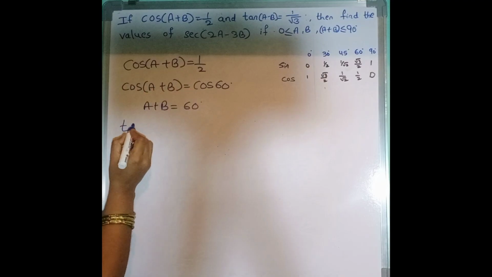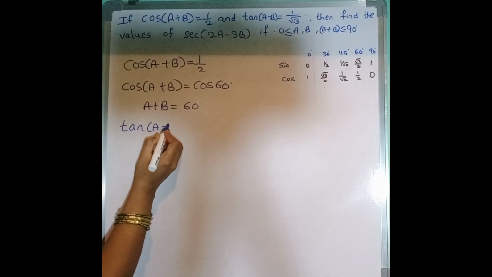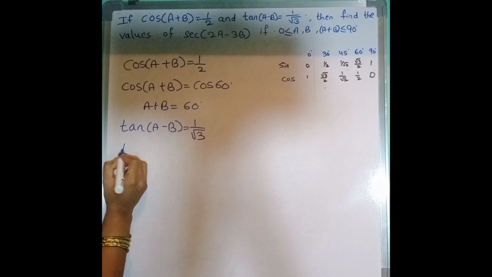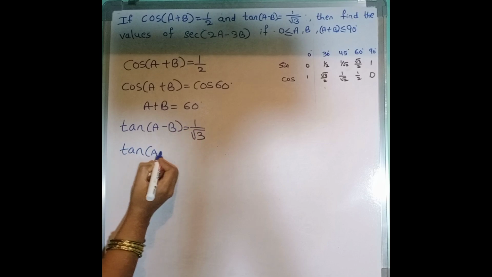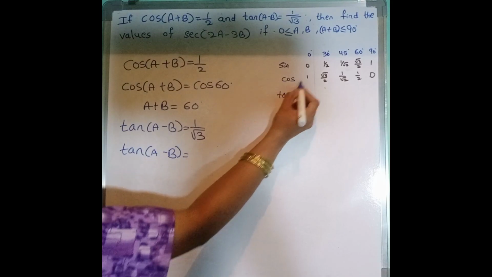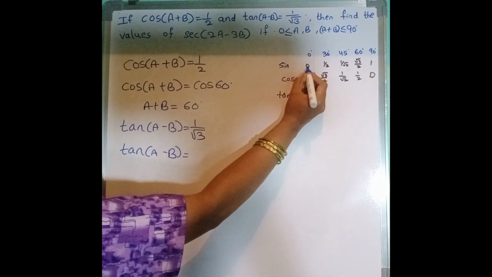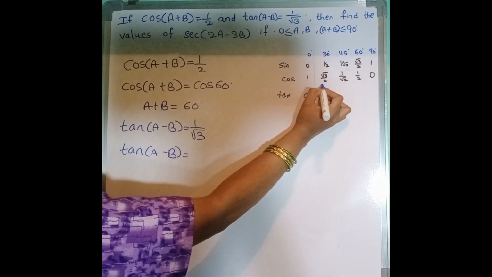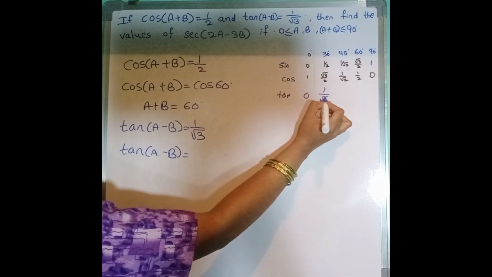Another one given is tan of (A minus B) is equal to 1 by root 3. Tan is sin divided by cos. Sin is 1 by 2, divided by cos which is root 3 by 2. The 2s cancel, so it is 1 by root 3.